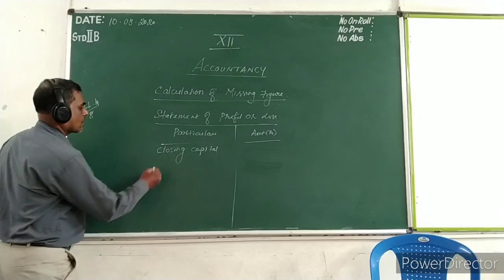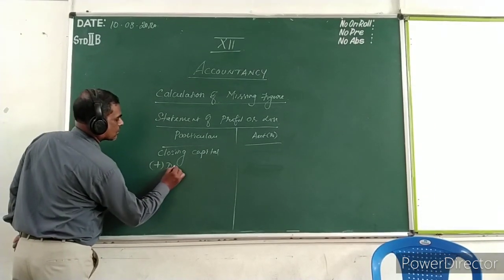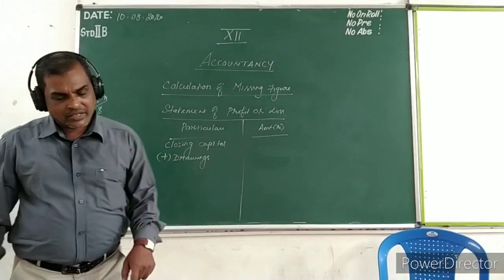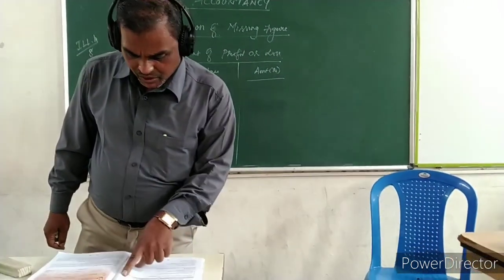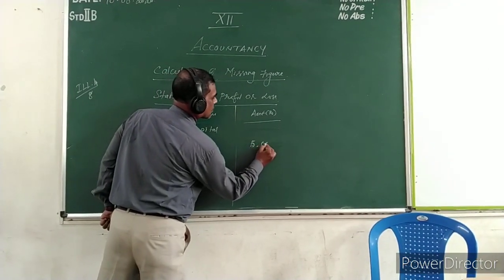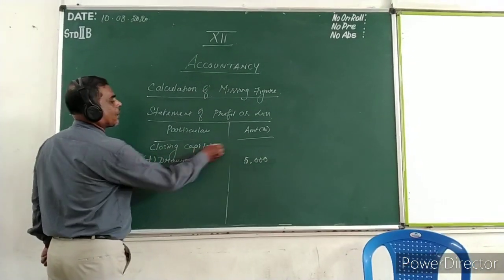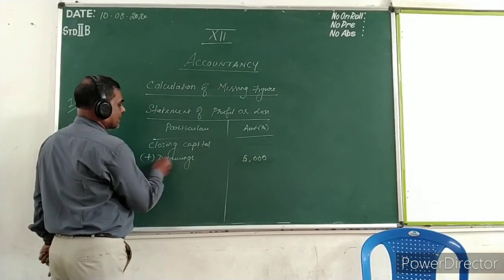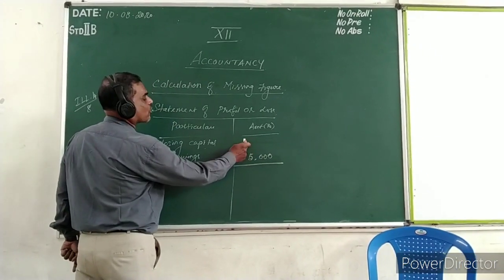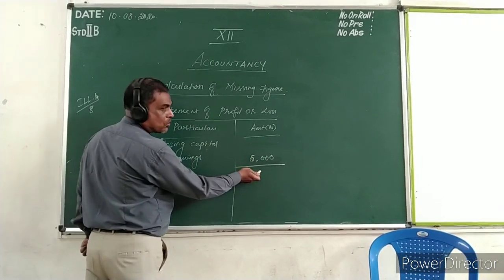What is the next item as per the format? Add drawings. The value of drawings he has given here, goods taken for personal use, is rupees 5,000. We don't know the closing capital, so that is blank. Here the drawings amount is 5,000, so we have to add, but we don't know the value of closing capital, so definitely this is also blank.